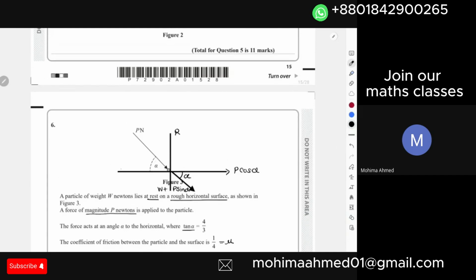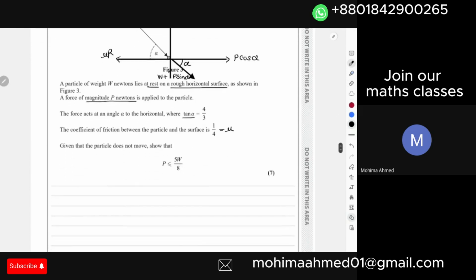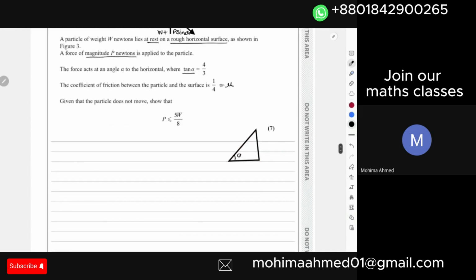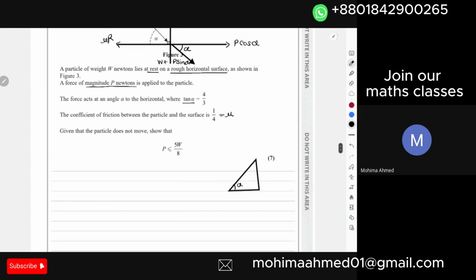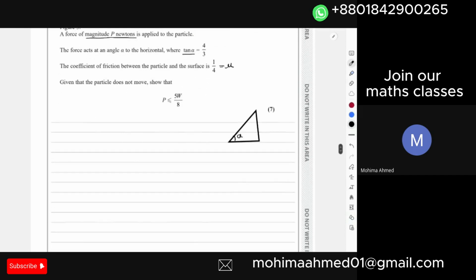And then again you have a reaction force, and you have this friction, right? Mu R. Okay, so first thing I have to find out the value for your cos alpha and sin alpha using that trigonometry part. So if the value for your alpha here is, sorry, tan alpha was 4 by 3, right?